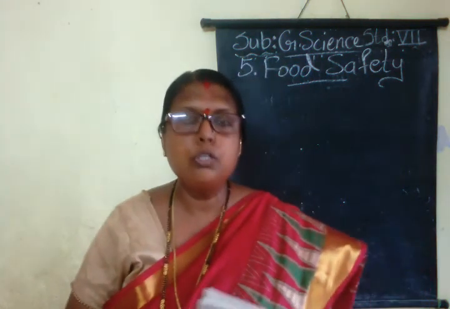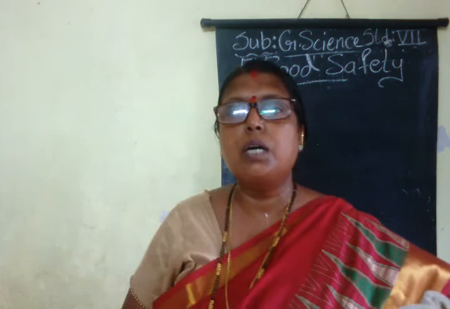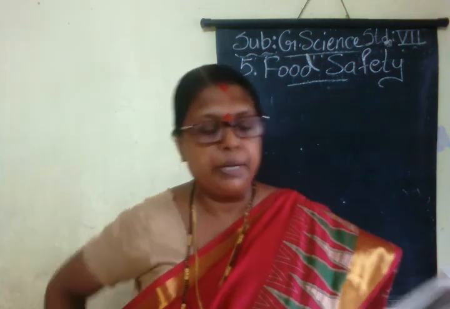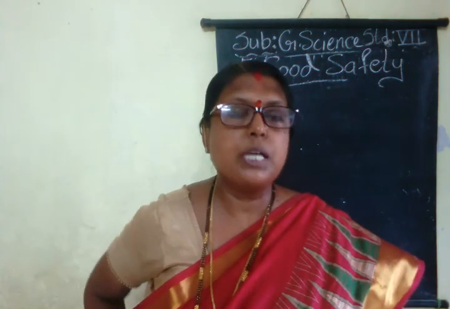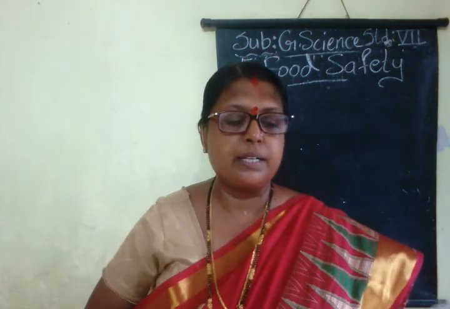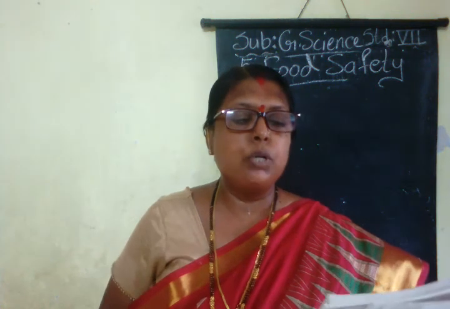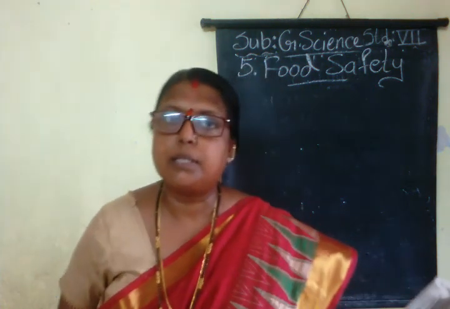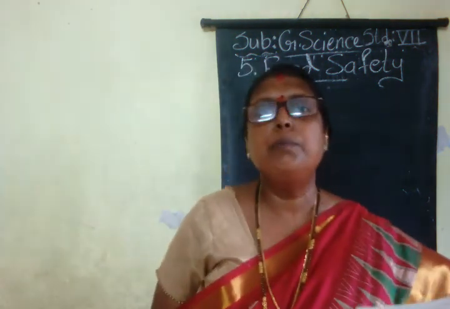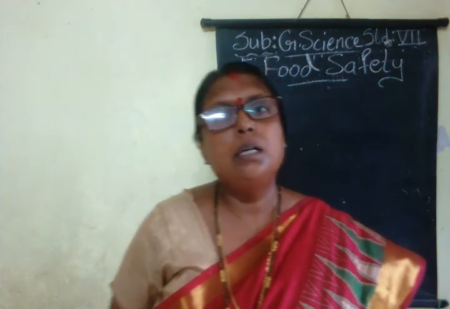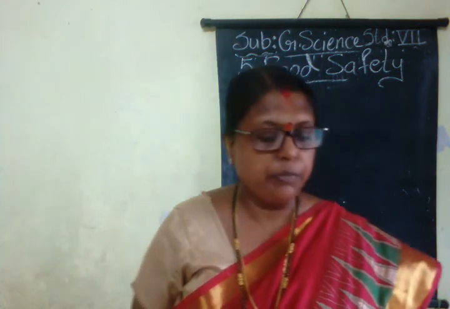Okay. Use of preservatives. Now preservatives are of two types, natural and chemical. Natural preservatives are salt, sugar, oil, etc., which are used in jam, murabba, pickles, papad, etc. Due to this, these food materials remain safe for a longer period of time.